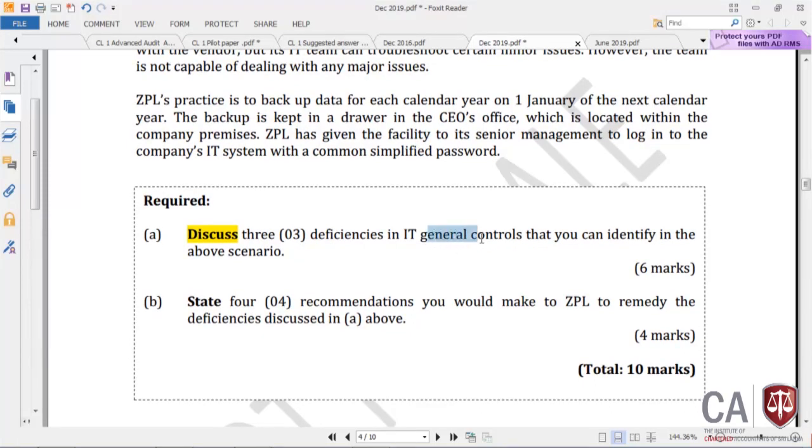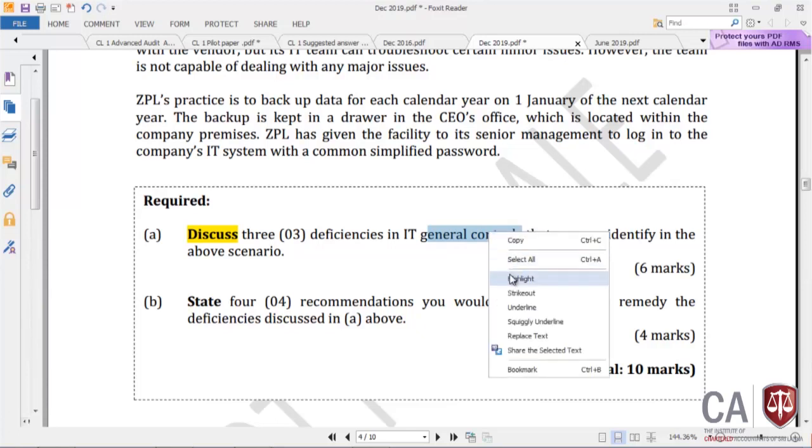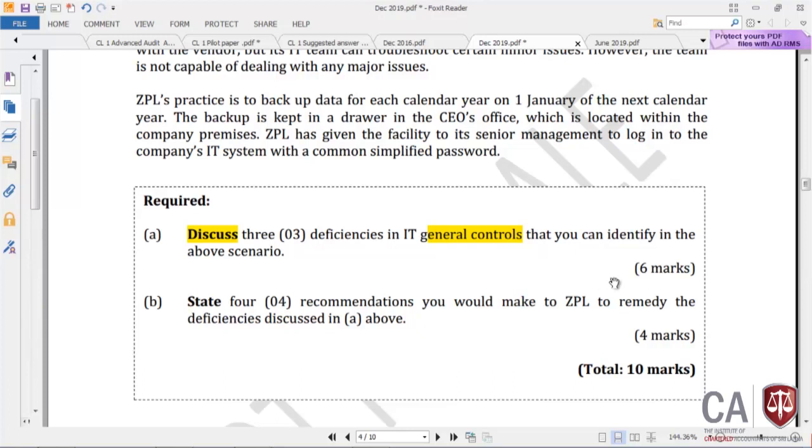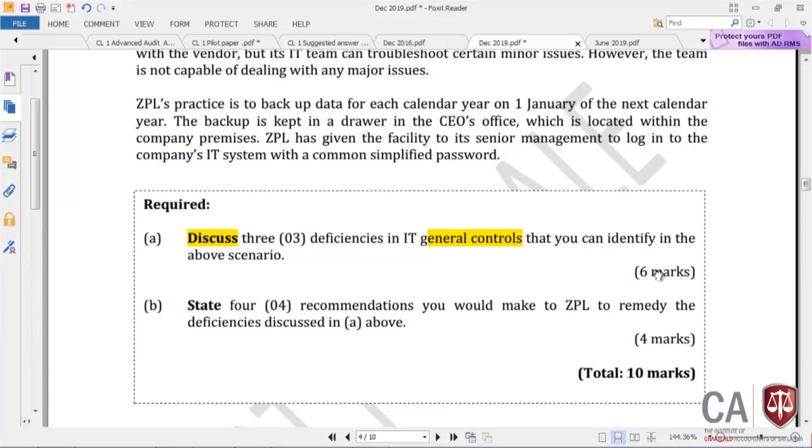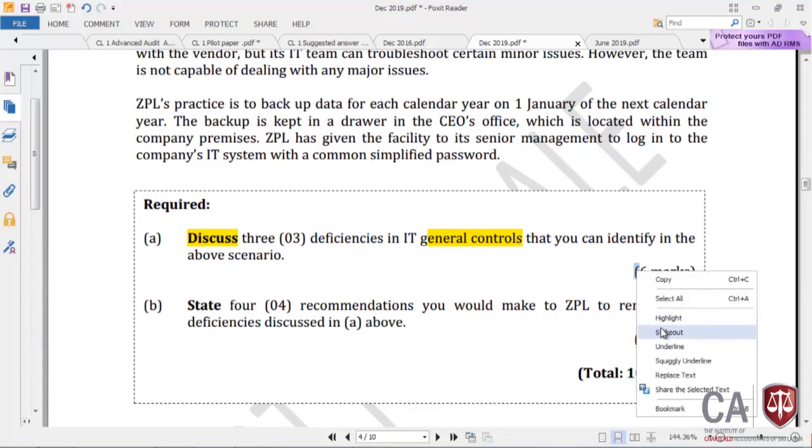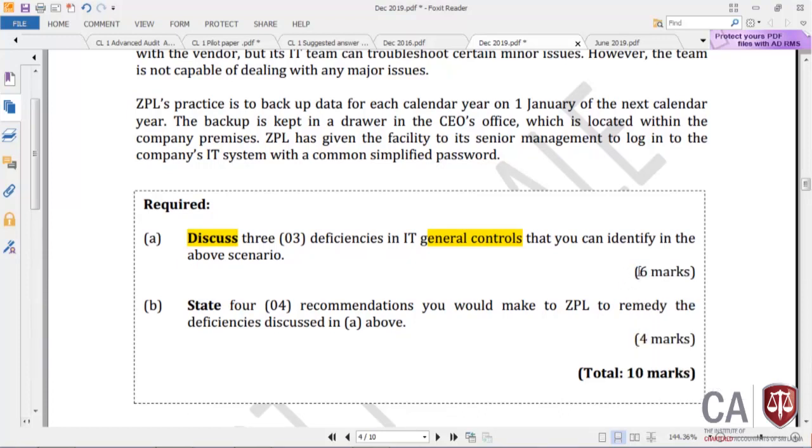You can see here general control, so the examiner is asking about general control. Also always highlight the number of marks. You see this question, discuss 3 deficiencies.